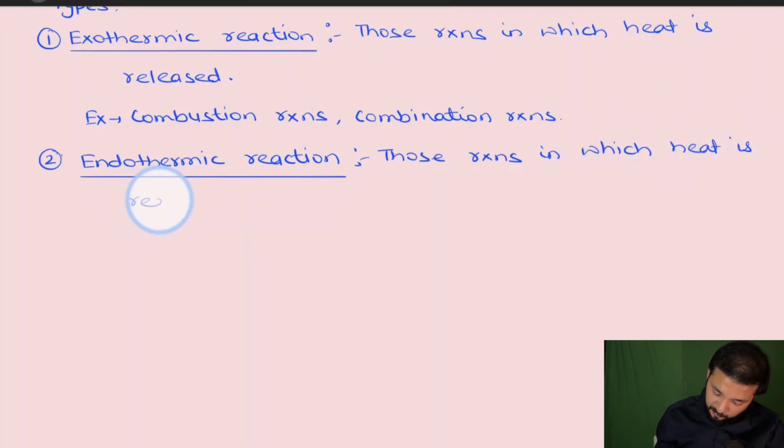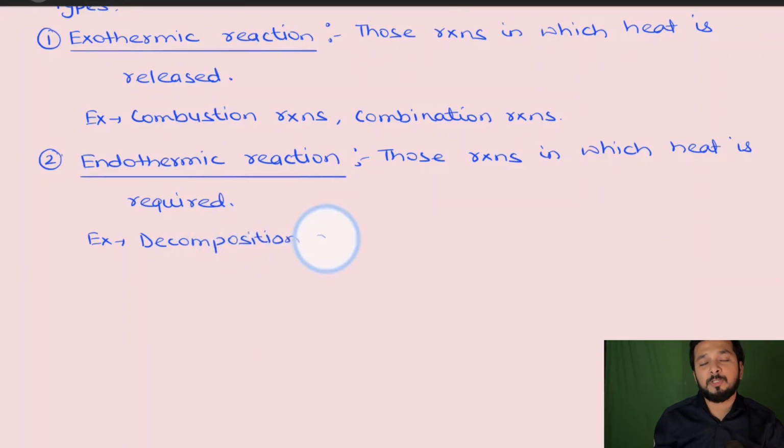Those reactions in which heat is required are known as endothermic reactions. For example, decomposition reaction. In the case of decomposition reaction, energy is required to break the bond.